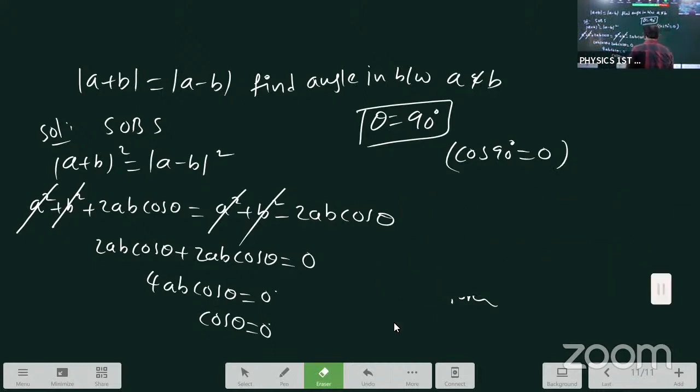You got this question in the recent annual examination you finished, the 11th question: modulus of A plus B equals modulus of A minus B. It is unlikely to come again, but sometimes repeated questions do come. That's why you should focus on this one. A plus B equals A minus B. What is the angle? 90 degrees. A and B are at right angles to each other.